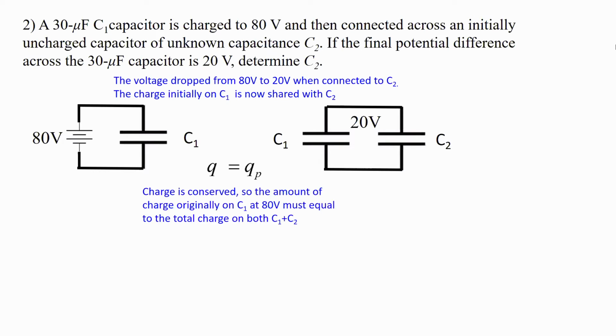A couple other points here to make. Charge is conserved, so the amount of charge initially on C1 at 80 volts must equal the total charge on both capacitors. There's this other point too, the equivalent capacitance for parallel capacitors is just the sum of the two in this case when they're parallel, unlike that for resistance.